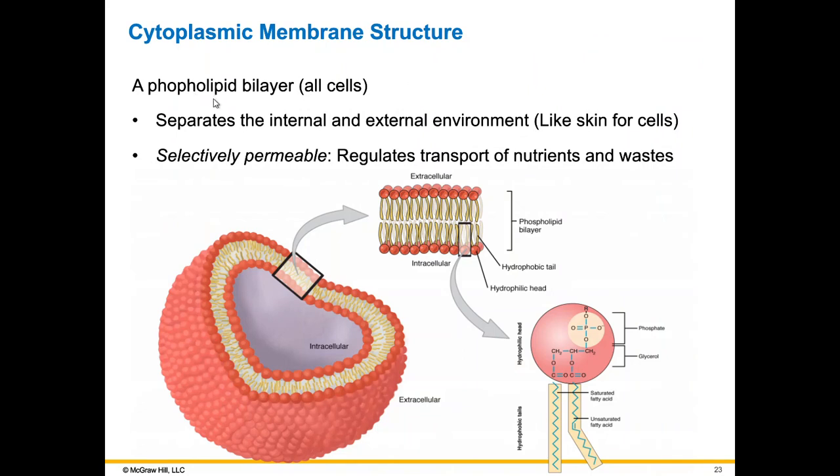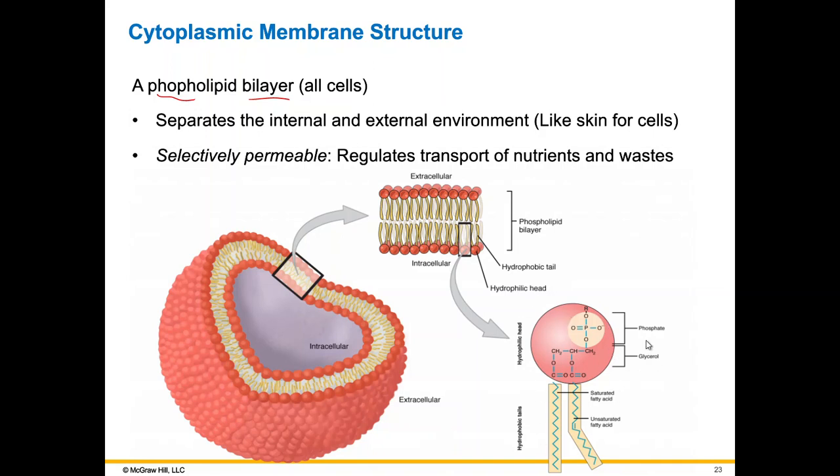Our cytoplasmic membrane is made up of a phospholipid bilayer, and I really hope that y'all remember this from Biology 1 or A&P. What this is demonstrating here is the phospholipid bilayer, the plasma membrane. If we break it down, these phospholipids look like this.